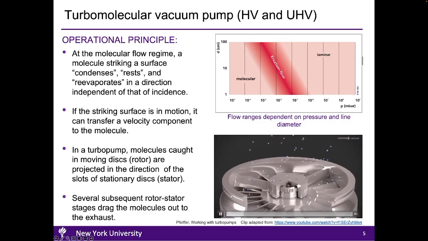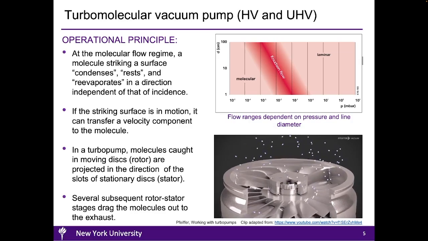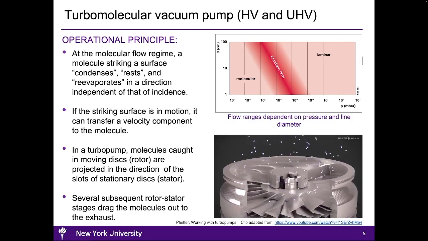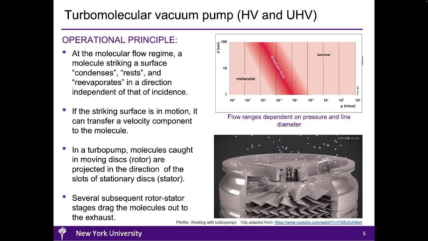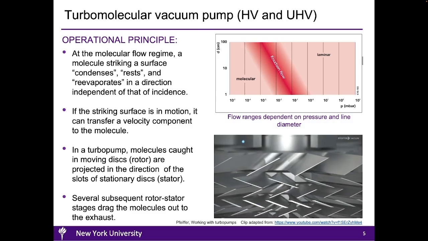As the residual gas molecules, the blue particles here, enter from the process chamber into the pump, they may collide with the stator and be deflected toward the upper rotor disc, as shown here.